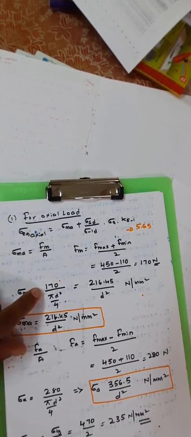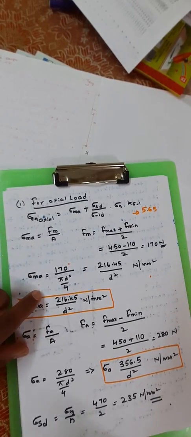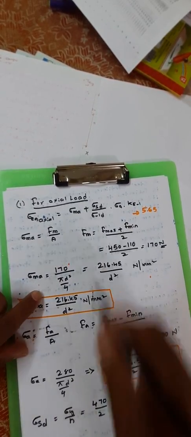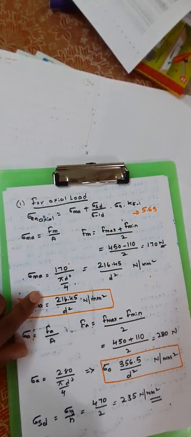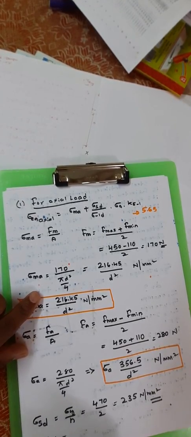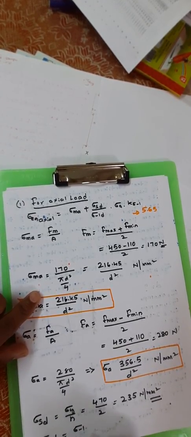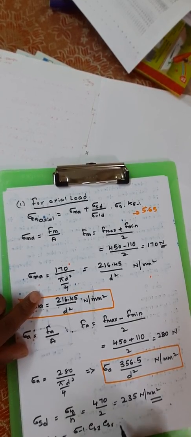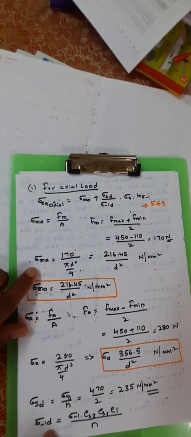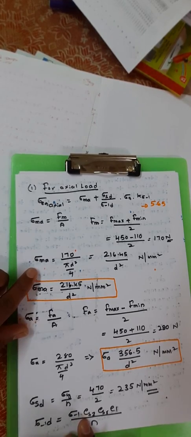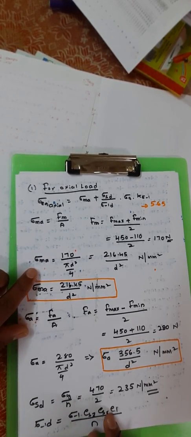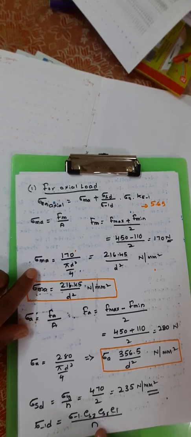Next, we need to find out sigma minus 1d. Sigma minus 1d is equal to the endurance limit, ESZ ESR EL, divided by n, the factor of safety.